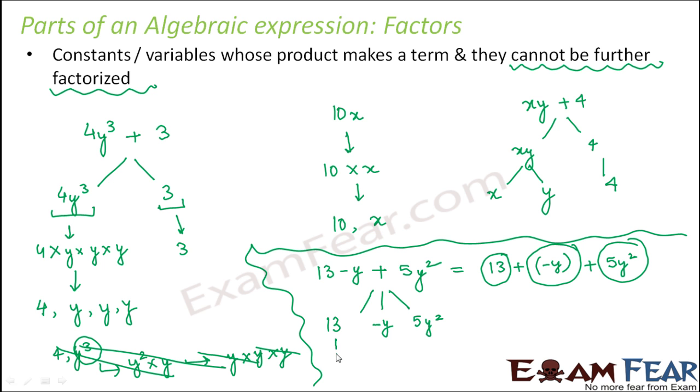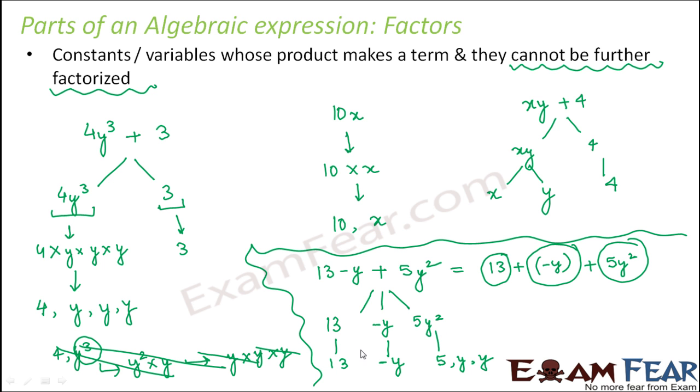Now what about the factors? The factor for 13 would be 13, because 13 into 1 is 13. The factor for minus y again would be minus y into 1, of course. 5y squared can be written as 5 into y into y. So 5, y, y are the factors of this particular term.